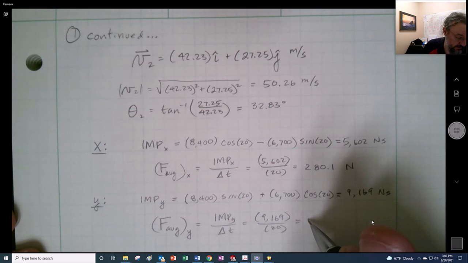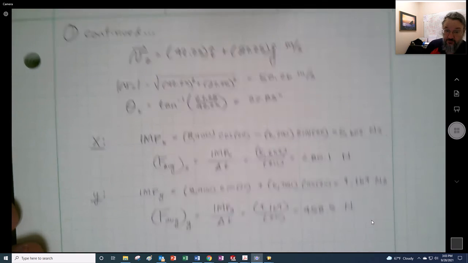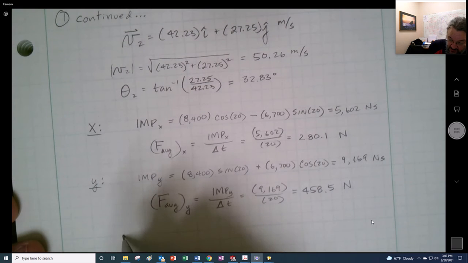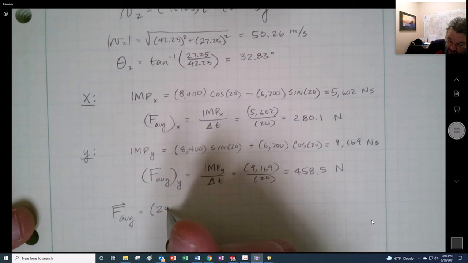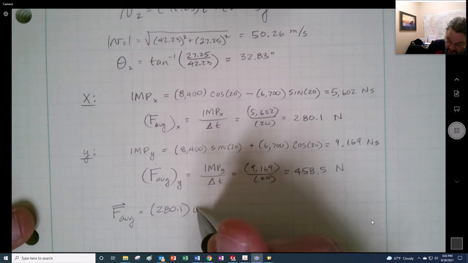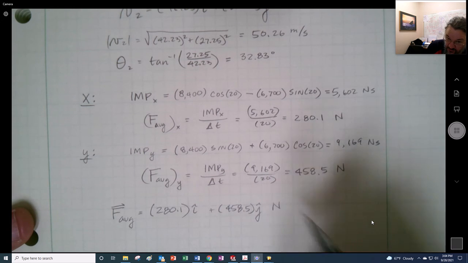So we end up getting 458.5 newtons, right? So if we wanted to write this as a vector, the average force that we have here is going to be 280.1 i and 458.5 j, and these are newtons.